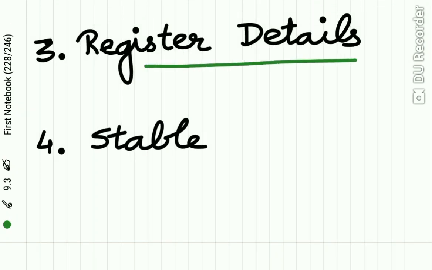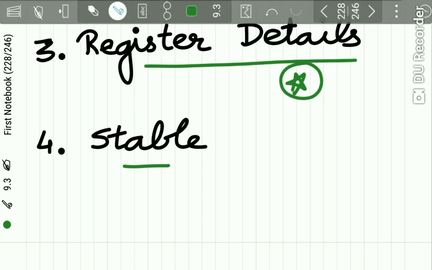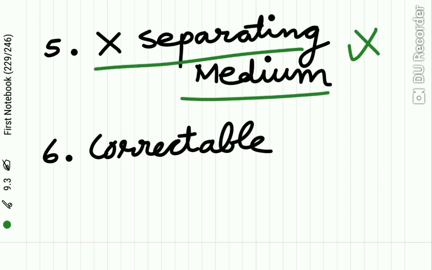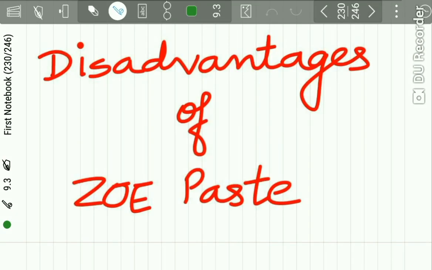Thirdly, a very important property, it records accurate details, which is a very desirable property. Also, the impression formed by this paste is very stable. No separating medium is required because the impression paste does not react with the gypsum product in which it is poured. Also, minor corrections are possible in the impression paste.